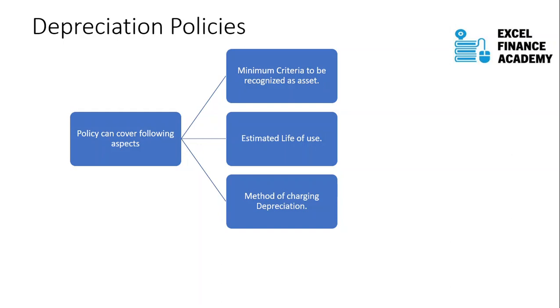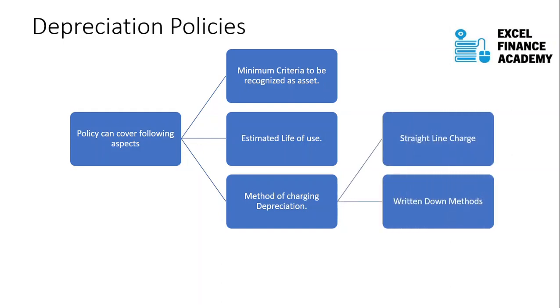Maybe I will use 1,000. Second year I may produce 3,000. Fourth year I may produce 2,000. Fifth year I may produce the balance. So you are charging based on your estimated production, based on production capacity.